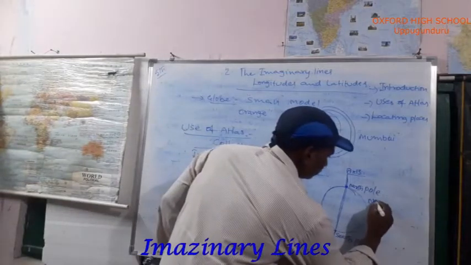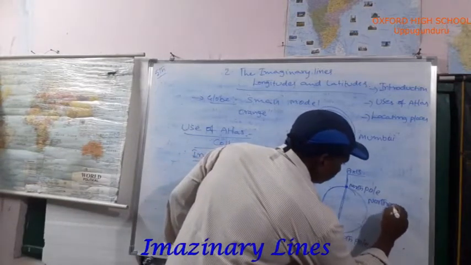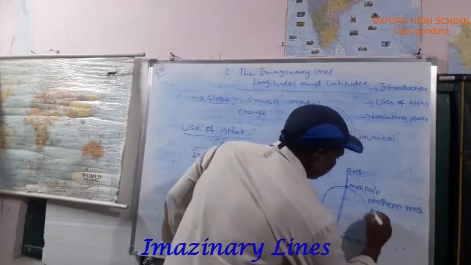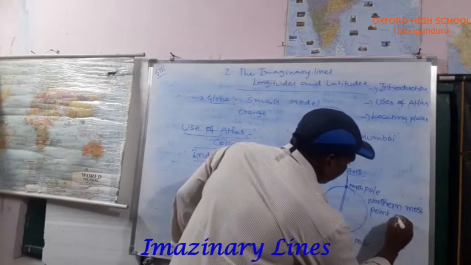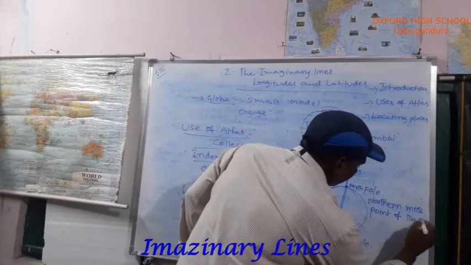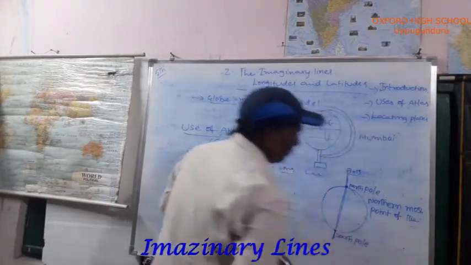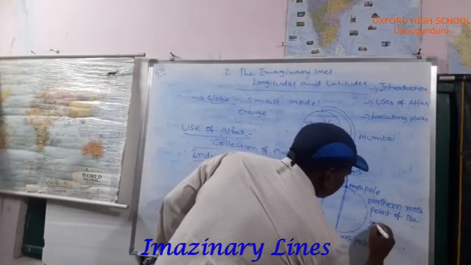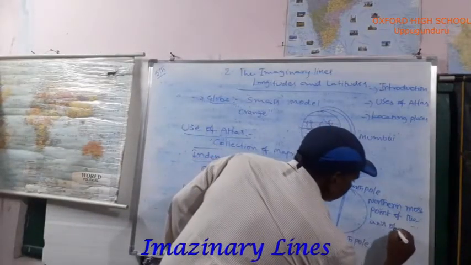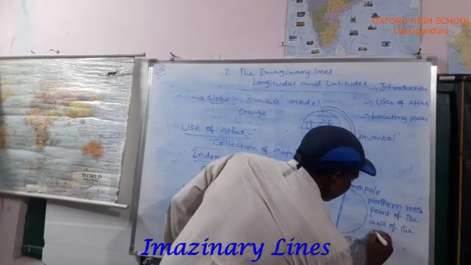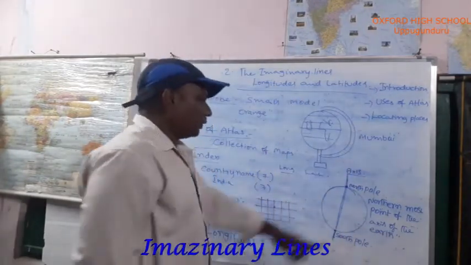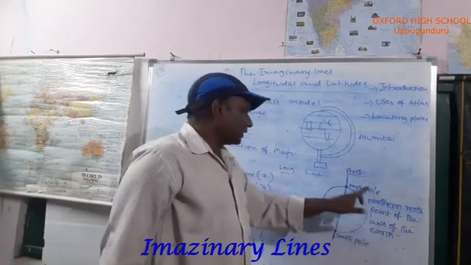The northernmost point of the axis of the earth is called North Pole.